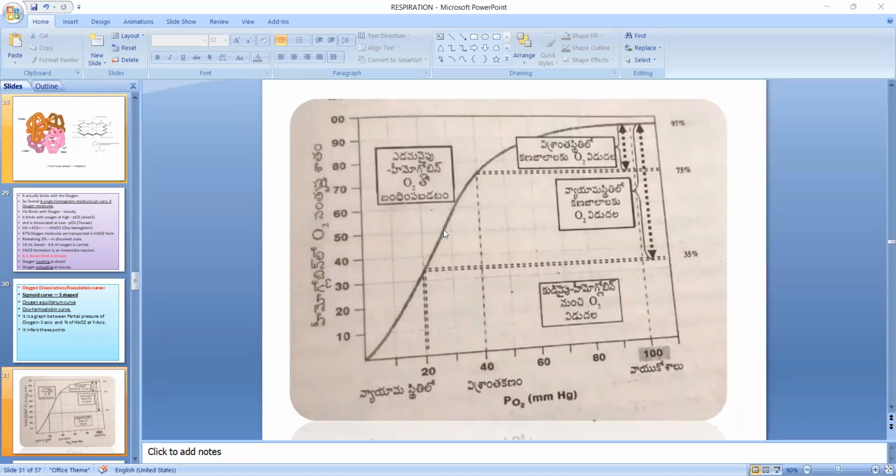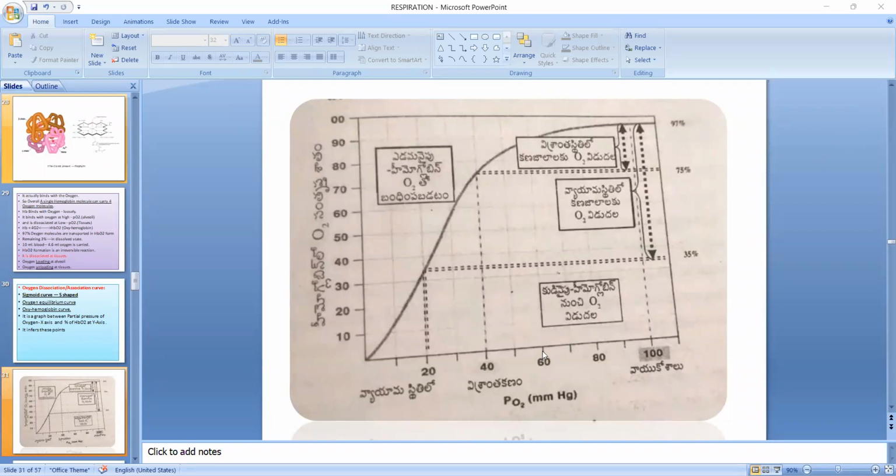At 26 it is 50, and at 20 it is almost 35. So while going from the alveoli to the tissues, where the oxygen partial pressure is less, the HbO2 association decreases, and HbO2 is dissociated and released to the tissues.